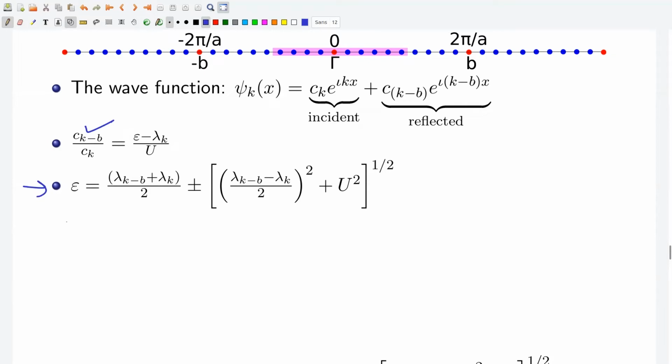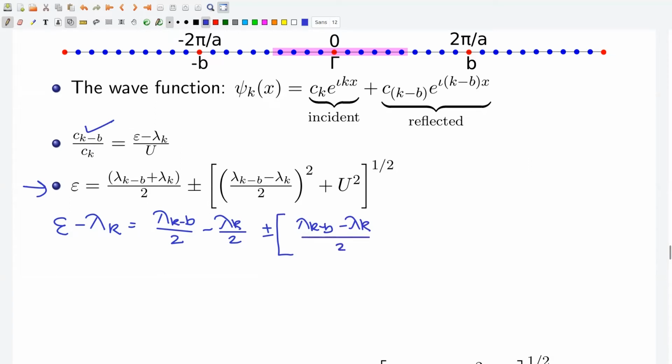From this equation, we can write epsilon minus lambda_k is equal to (lambda_(k-b) divided by 2 minus lambda_k divided by 2) plus minus ((lambda_(k-b) minus lambda_k divided by 2) whole square plus u square) whole power half.